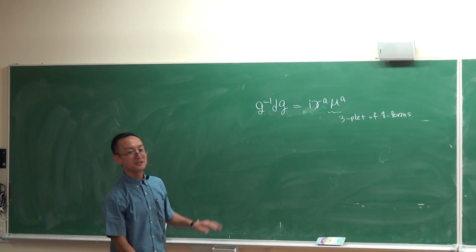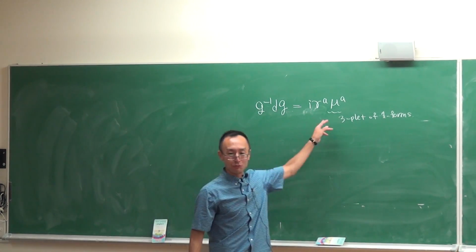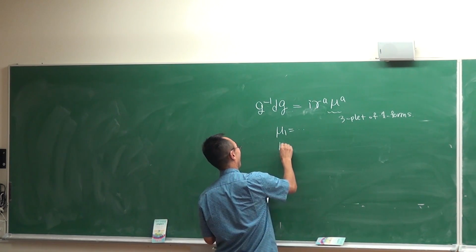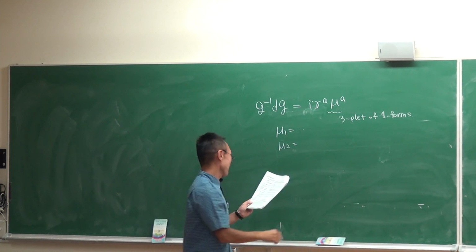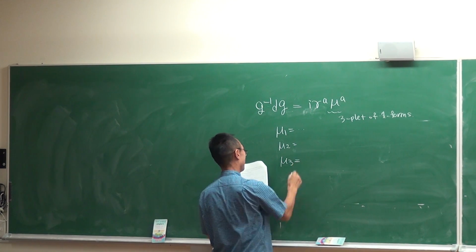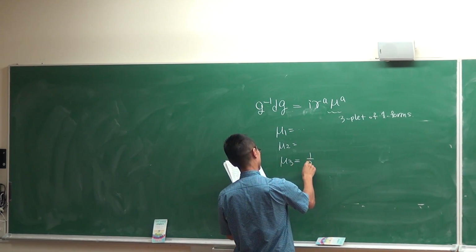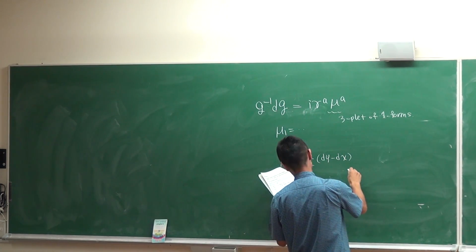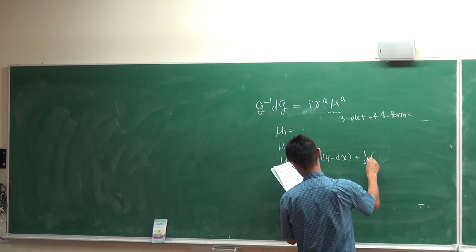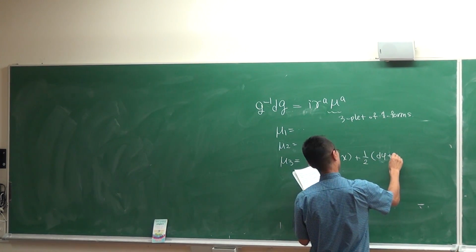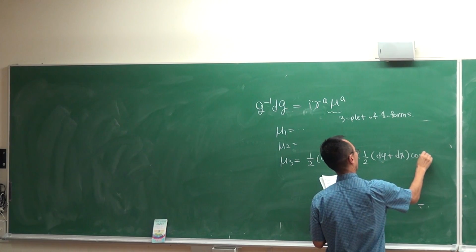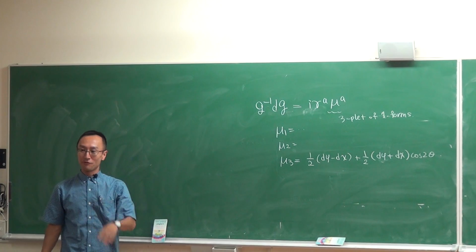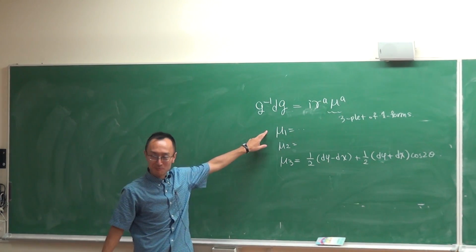Right. And it's a standard exercise to compute mu1, mu2, mu3. Let me not write them down, except for just mu3. You can just work it out. So this is the expression for mu3. So you can work out the expressions for the other two.